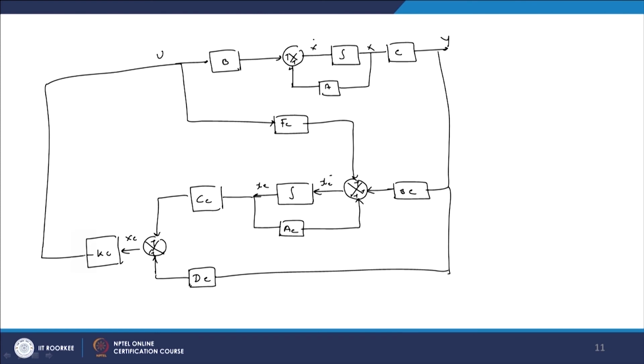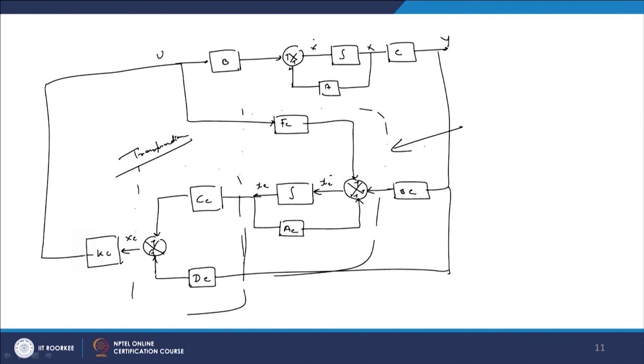So, this particular portion we call a transformation, and this particular part is called the minimum order observer.